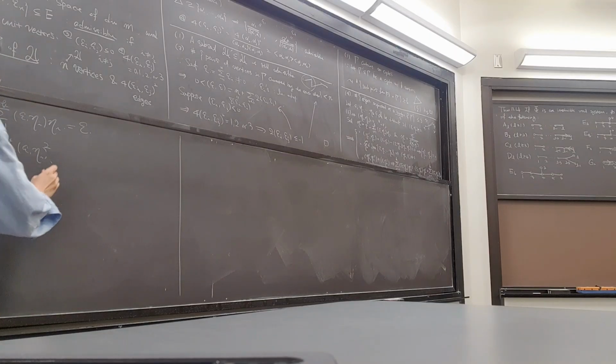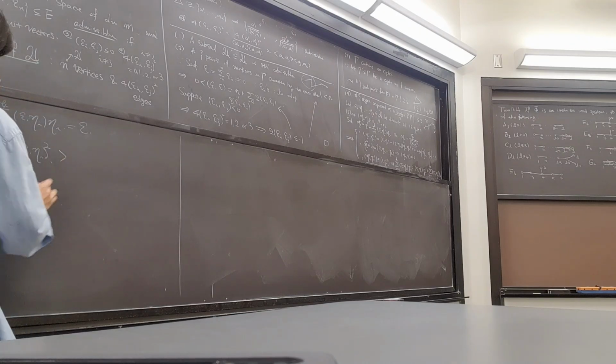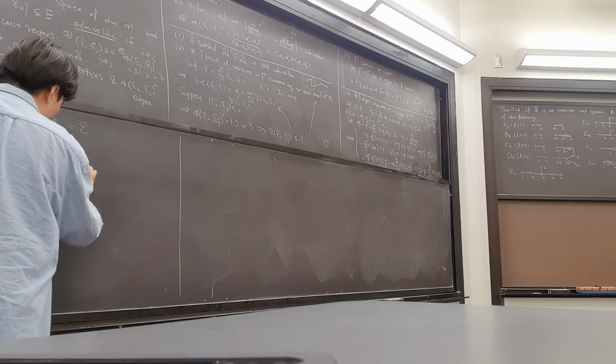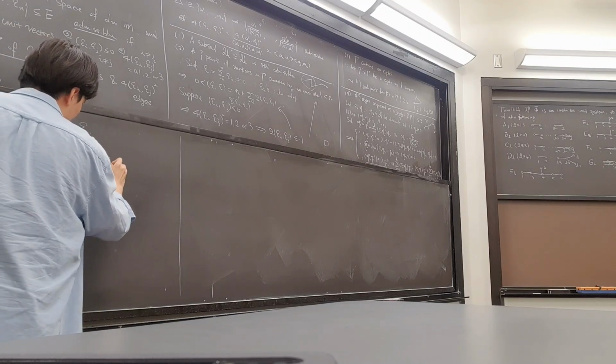And then this implies that this is greater than summation from i from 1 to k, not 0, epsilon nu i here.